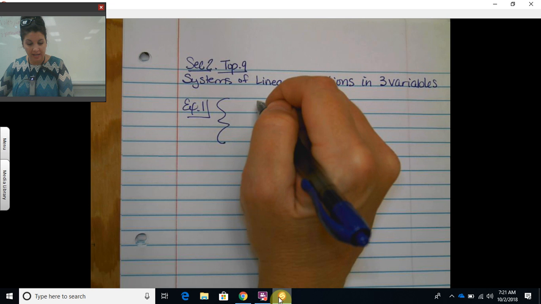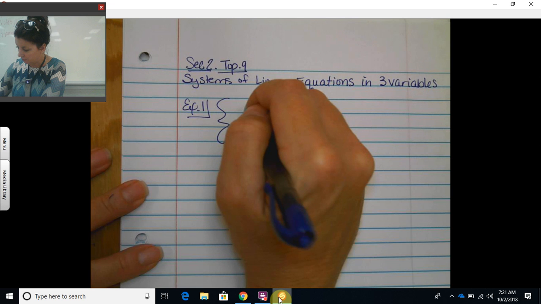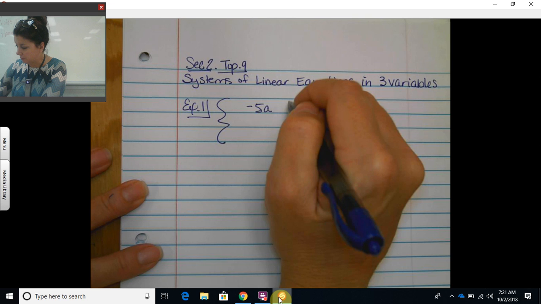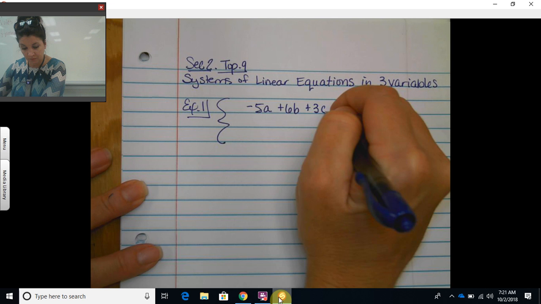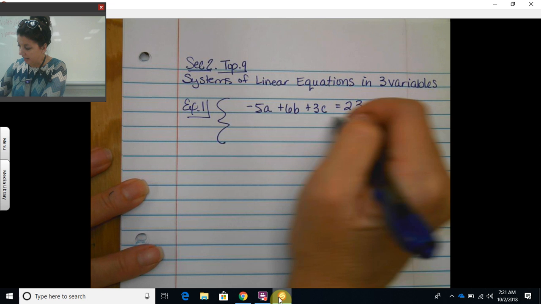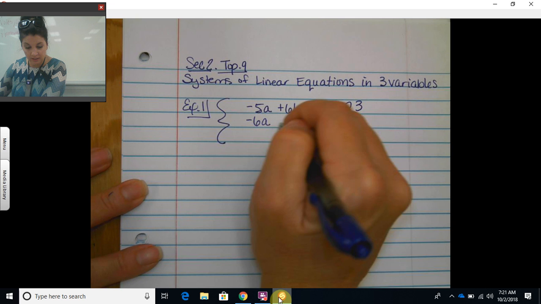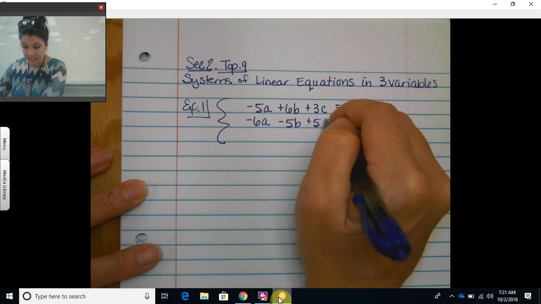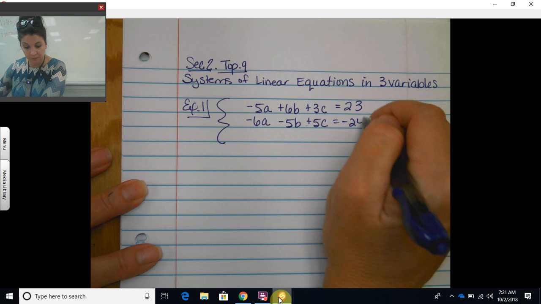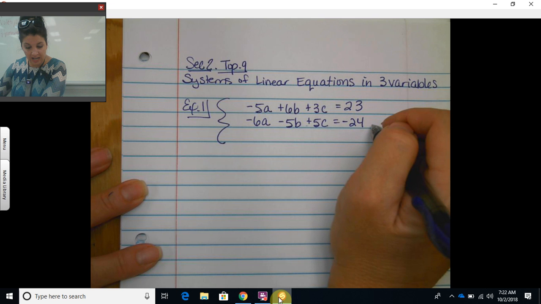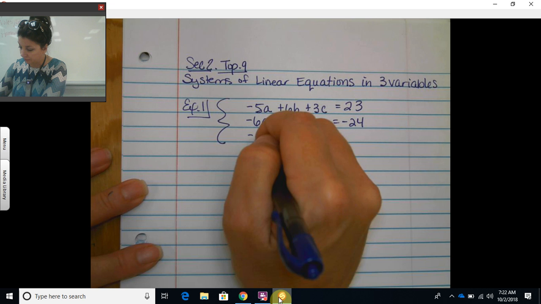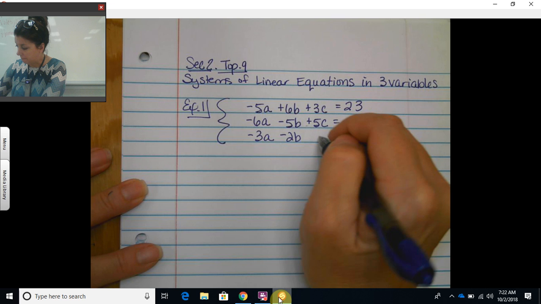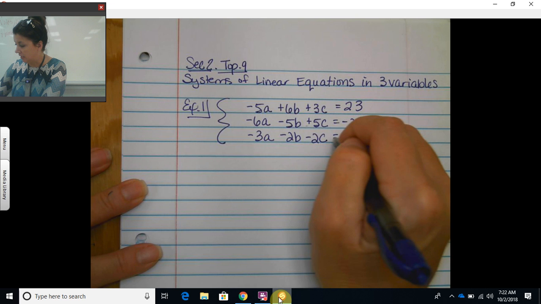So I have negative 5a plus 6b plus 3c equals 23, and I have negative 6a minus 5b plus 5c equals negative 24, and I have negative 3a minus 2b minus 2c equals negative 1.